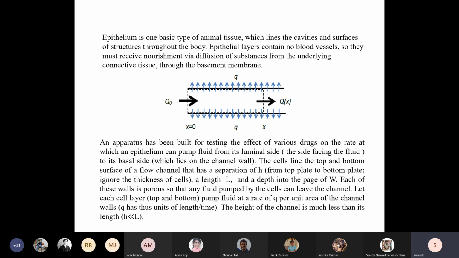Epithelium is a basic type of animal tissue which forms the cavities and surfaces of structures throughout our body. They do not contain any blood vessels and they are permeable to the flow of nutrients and oxygen through them to the mass that lies above it or outside of it.